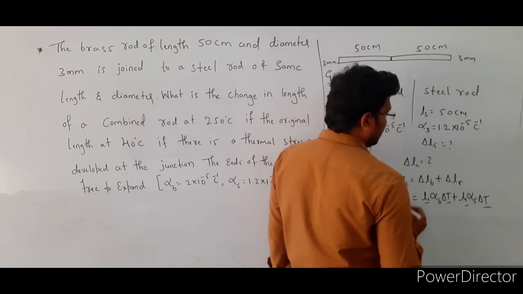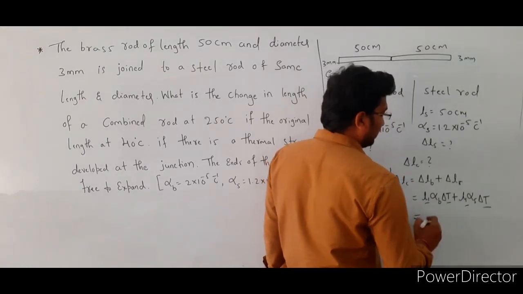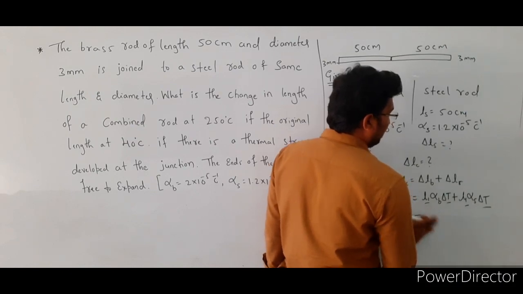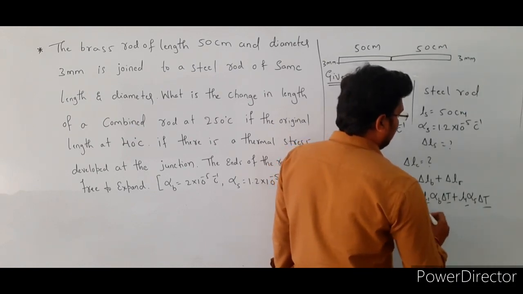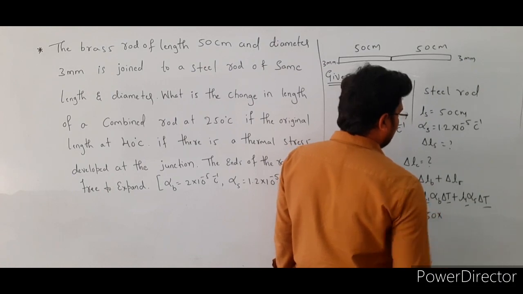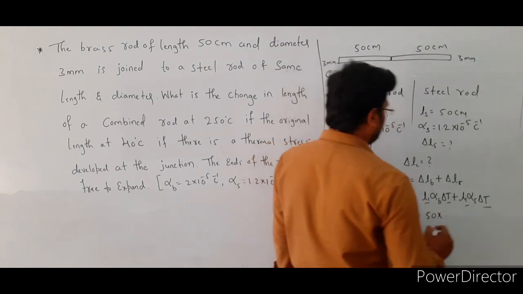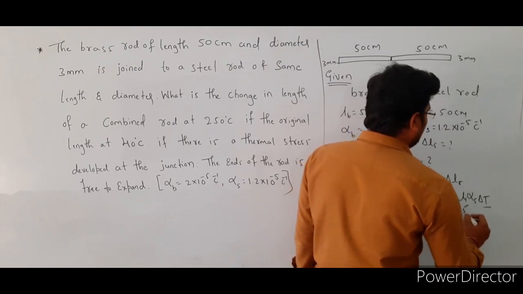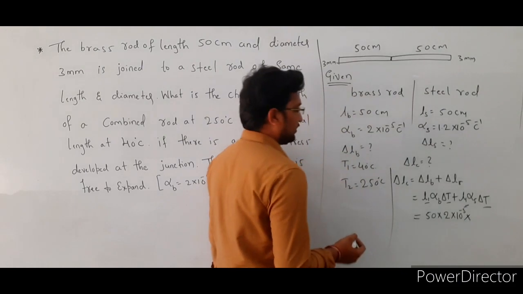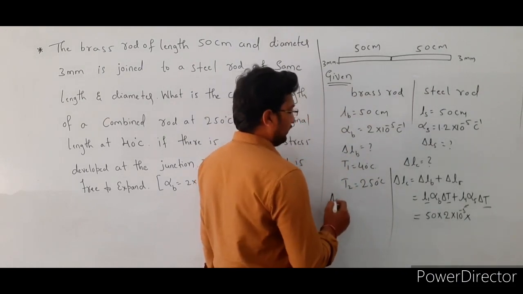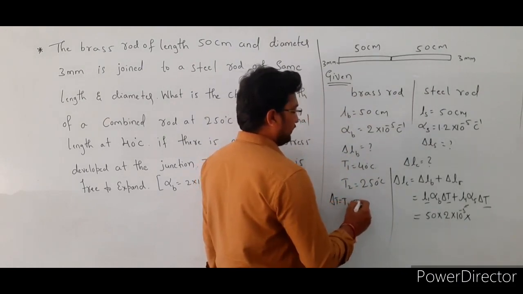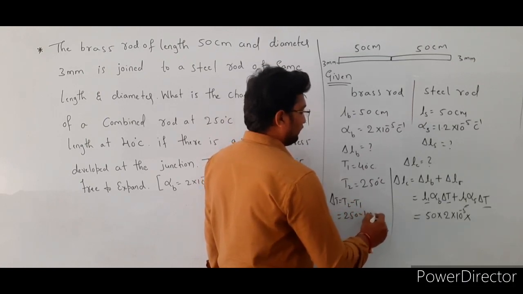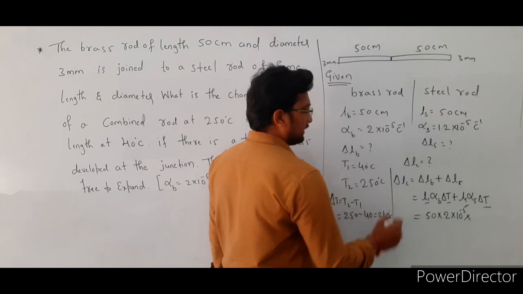So the change in length for the combined rod equals, substituting all the values, L1 is 50 centimeter, alpha suffix b is 2 into 10 to the power of minus 5, into change in temperature. The change in temperature is T2 minus T1, which is 250 minus 40, equal to 210 degrees Celsius.